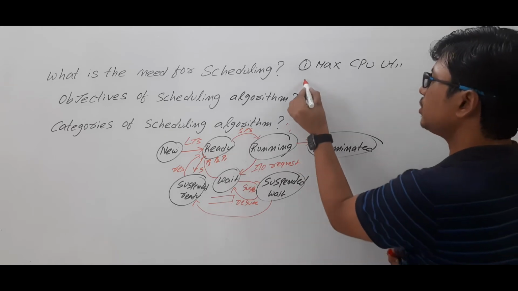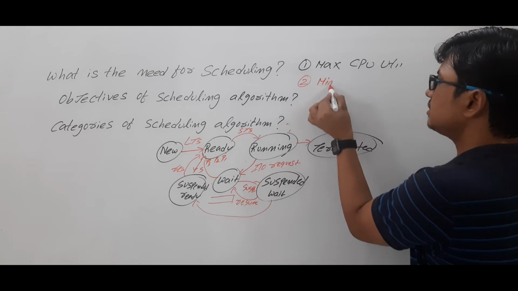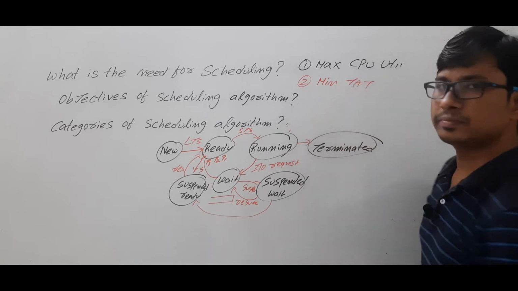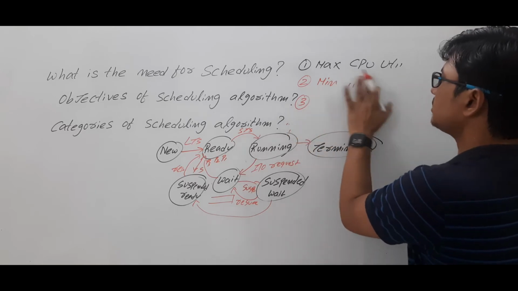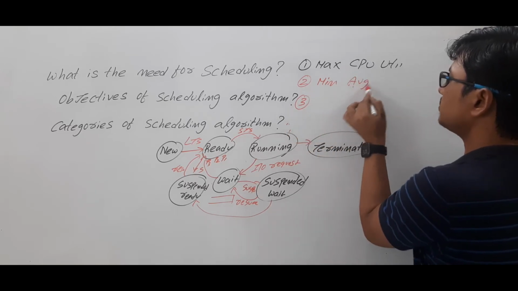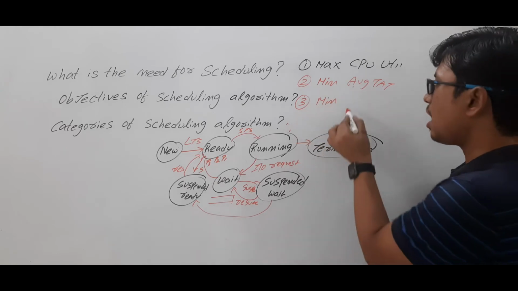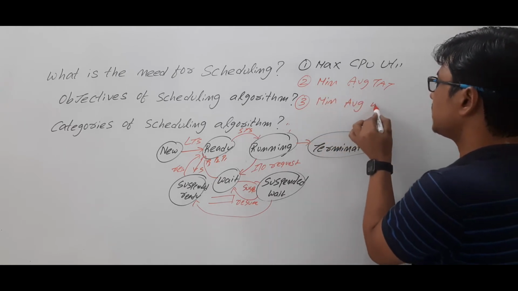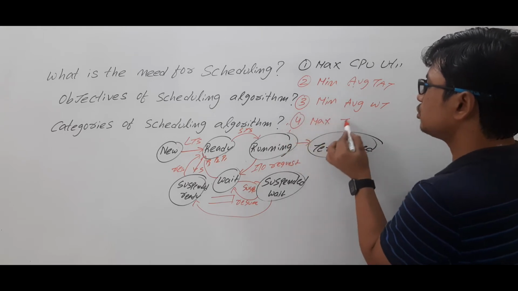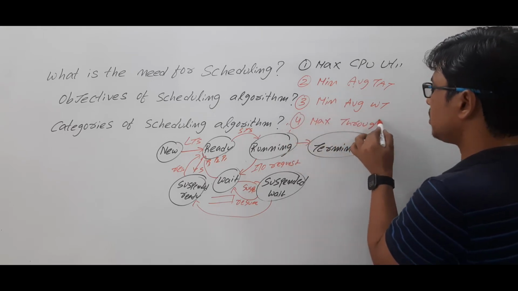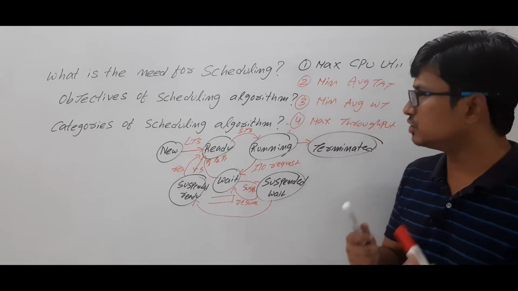Another important thing is that it has to minimize the turnaround time, meaning the average turnaround time. And then it has to minimize the average waiting time. Is it clear? And it even has to maximize the throughput. So all these are the objectives of any scheduling algorithm.